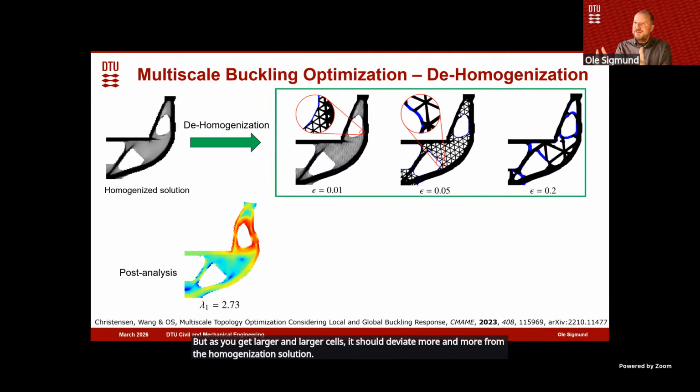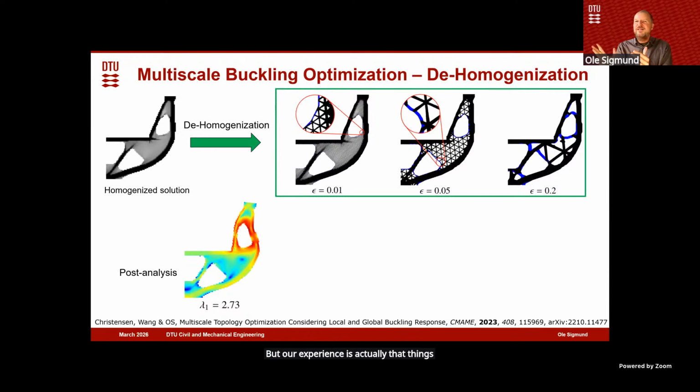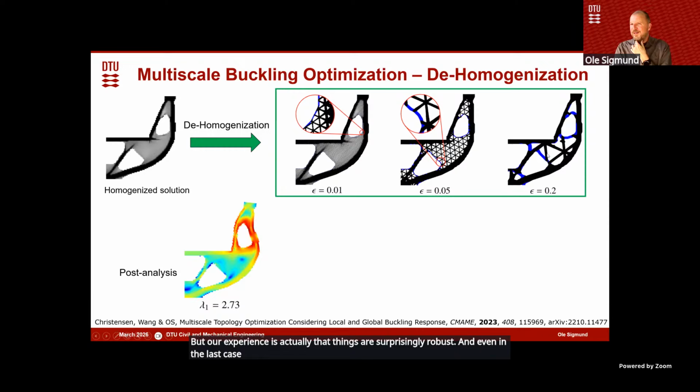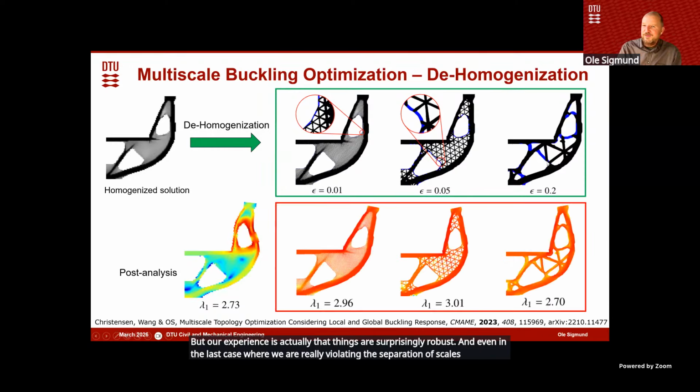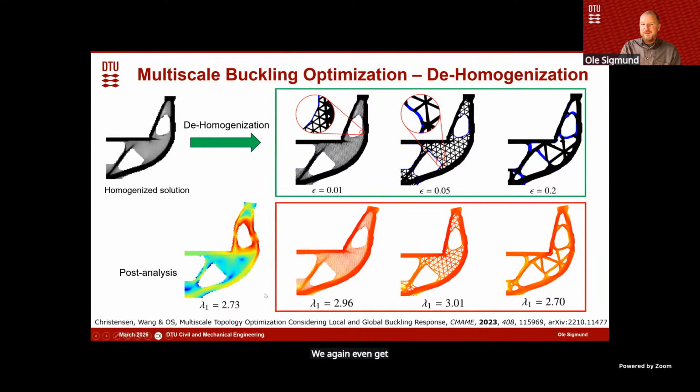But our experience is actually that things are surprisingly robust. And even in the last case where we are really violating the separation of scales, it turns out if we actually do the modeling on the fine scale with the de-homogenized solutions, we again even get better eigenvalues than the homogenized solution. So this shows that we are accurate.